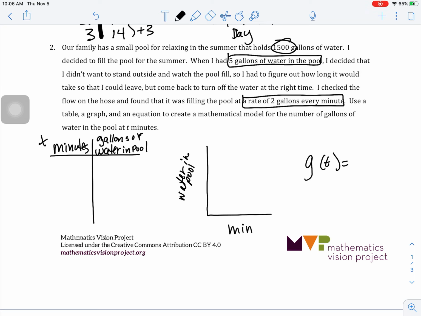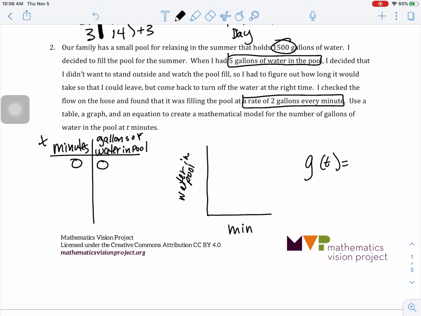So this one starts, well, it started empty, right, because we're filling the pool. But she does say, this one's kind of weird. You could either start with, we don't know how many minutes it took her for 5 gallons, so you could say at 0 minutes the pool was empty, right?